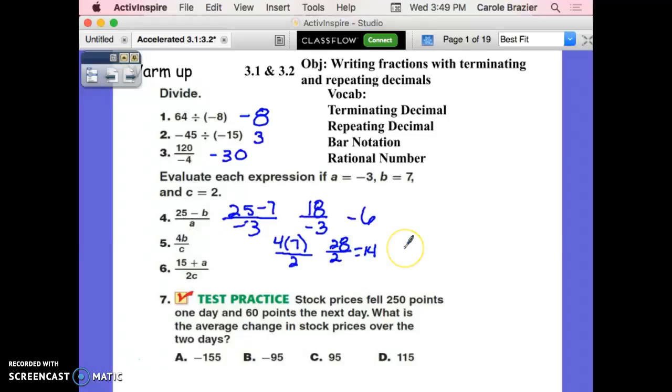And then 15 plus -3 divided by 2 times 2. So this would have given you 12 divided by 4, which would have given you 3.